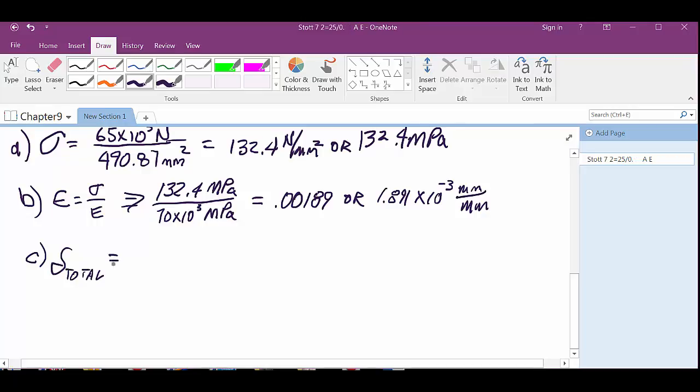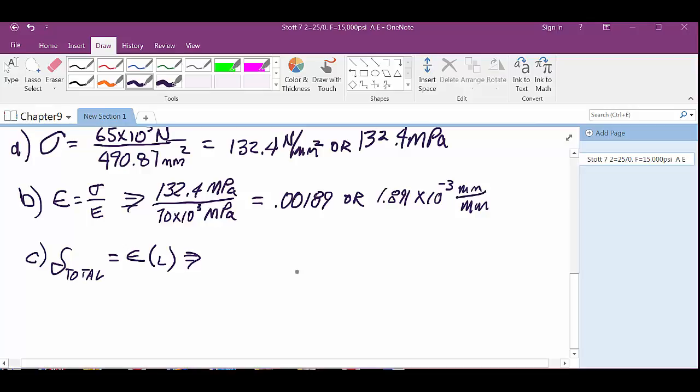Total deformation is strain times the length. That equation comes from page 188, equation 7.9: the strain equals the deformation divided by the length. So we rearrange that equation to get what we've got here.